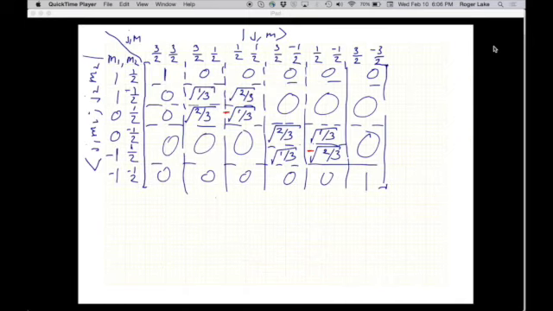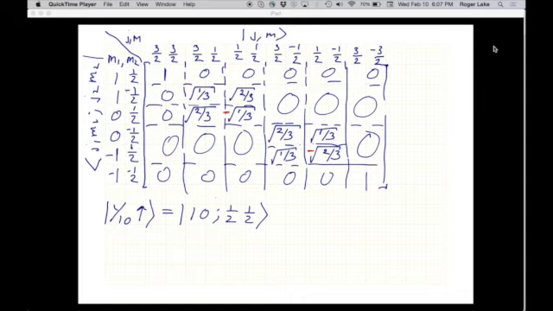So let's start going through them, and we'll start with the easy one. Y10 up is our 1, 0, 1/2 in this direct product notation.